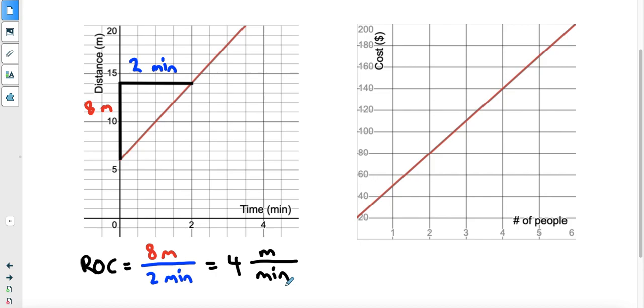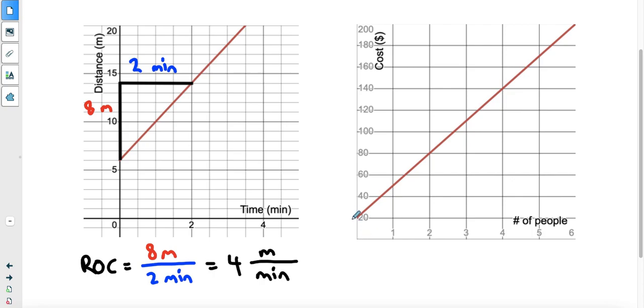But what if I didn't give you a triangle? Here, I drew the triangle out for you. But what if I didn't give you a triangle? What would you do then? Well, it's a similar idea. If you don't have a triangle, then you're just going to have to draw your own. So you're going to want to pick 2 points on this line and then draw your own triangle.